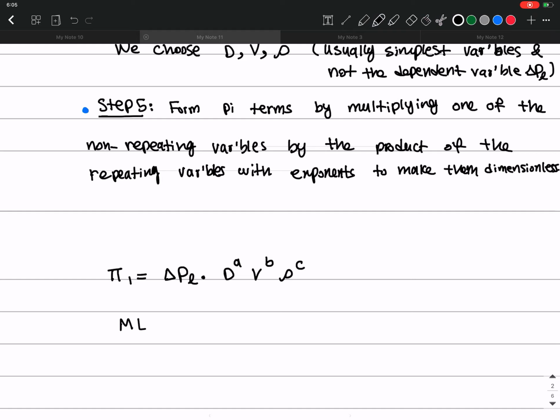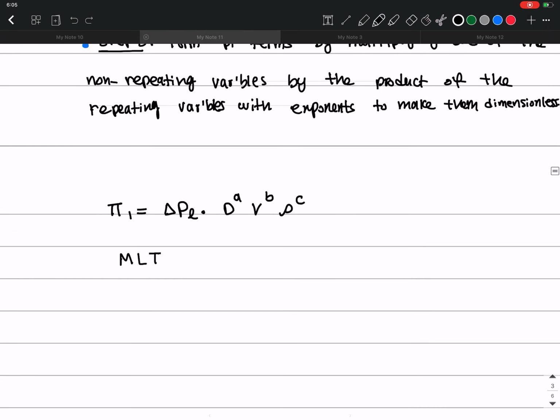I want to make this dimensionless, so ML^-2 T^-2, then multiplied by D. The dimension of that is length to power a, so L^a, and then the dimension of velocity is length per time, so (LT^-1)^b, and then the dimension of density is mass per length cubed, so (ML^-3)^c.